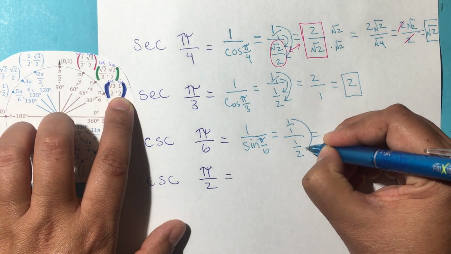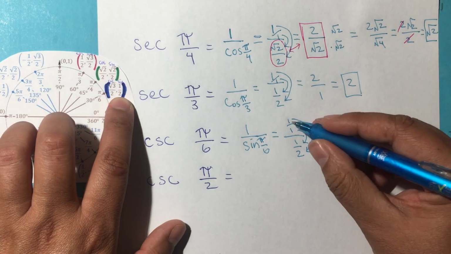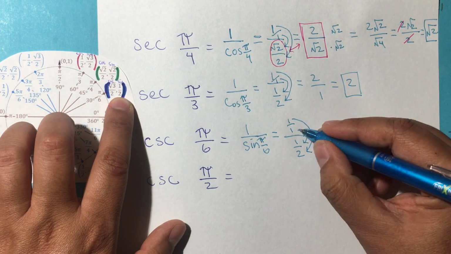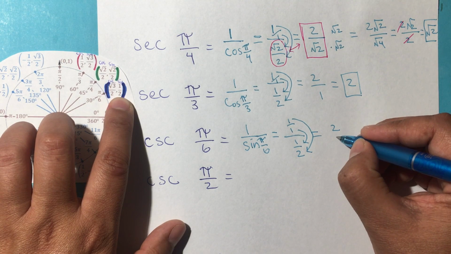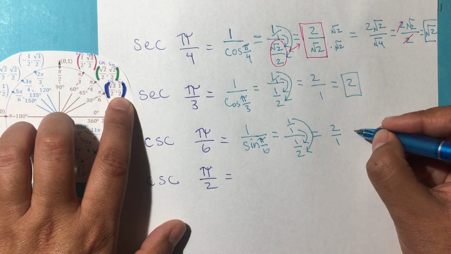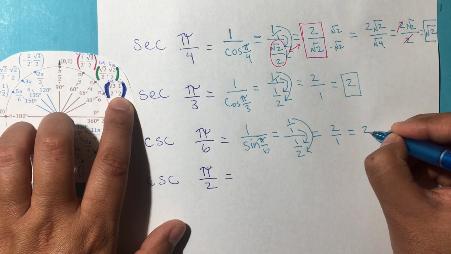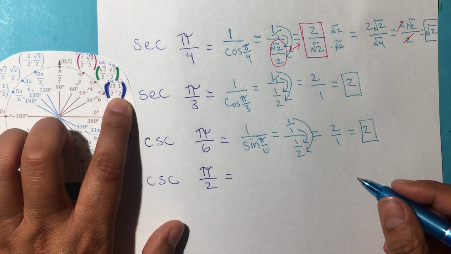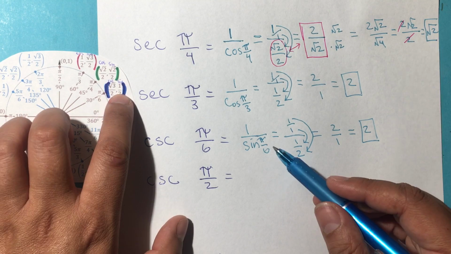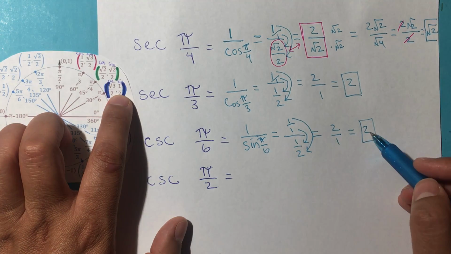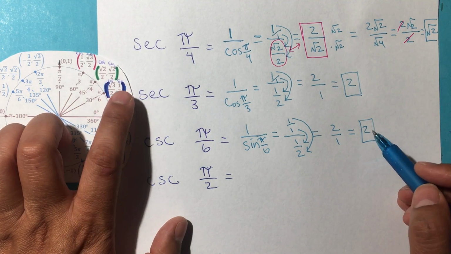And we multiply the outer and the inner. 1 times 2 is 2. 1 times 1 is 1. And so 2 divided by 1 is 2. Again, the sine is 1/2. The cosecant is 2. They are reciprocal of each other.